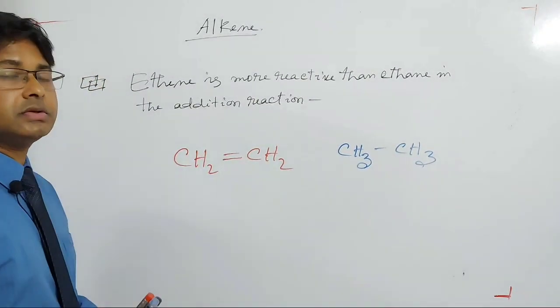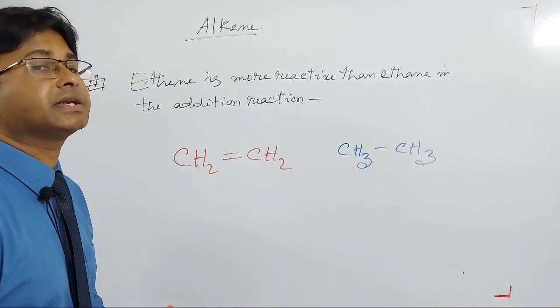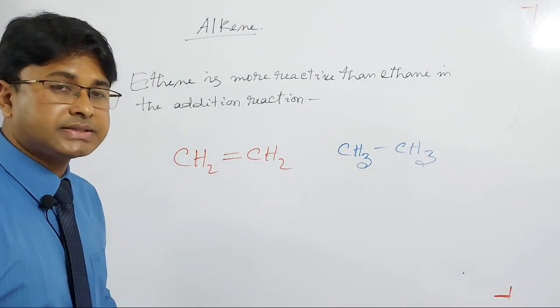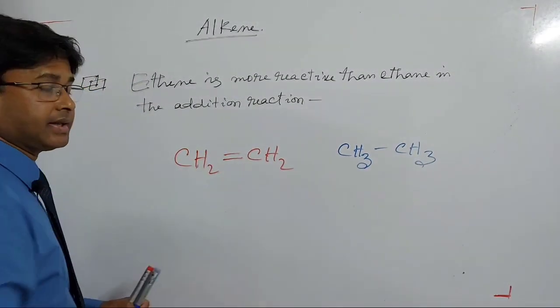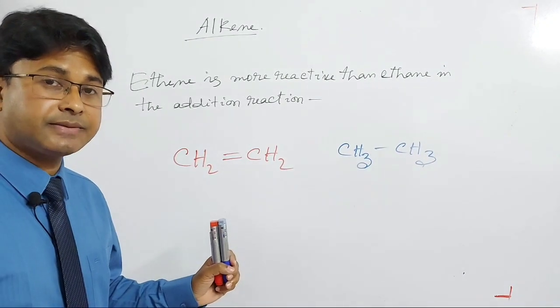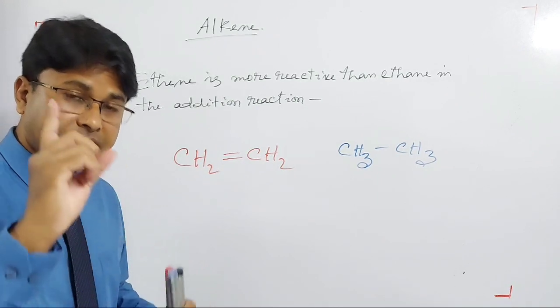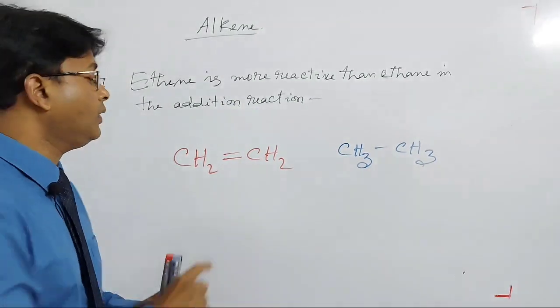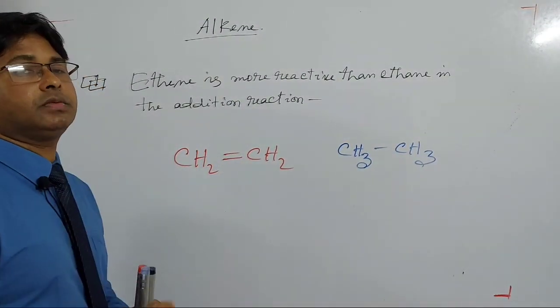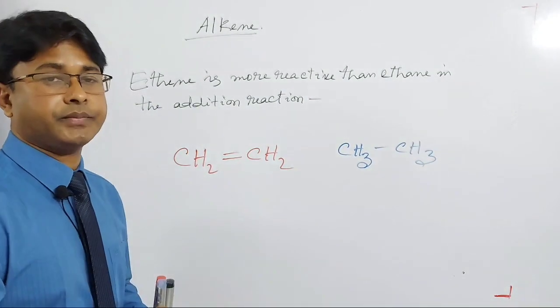Between the two bonds, one bond is very weak. Dear students, you will study it in a higher class. One is the sigma bond and the other is the pi bond. But I would not like to discuss sigma bond and pi bond. Just remember it: between the two bonds, one bond is weak and the other bond is strong.